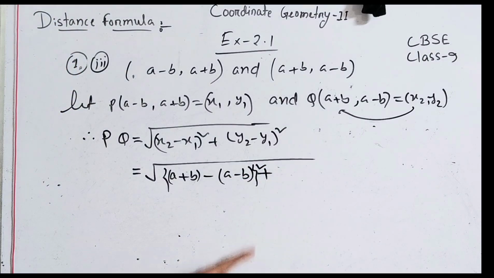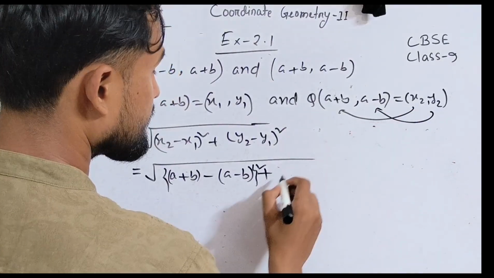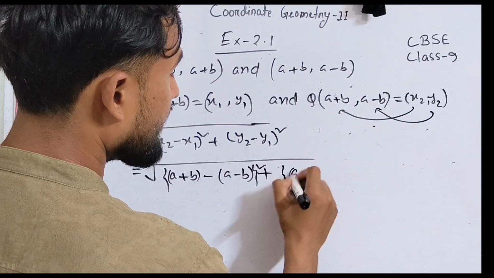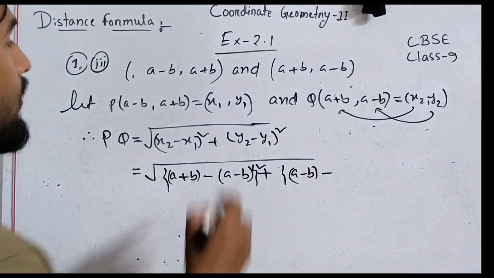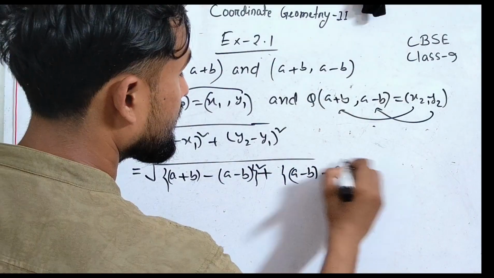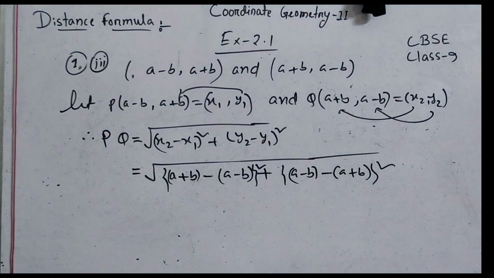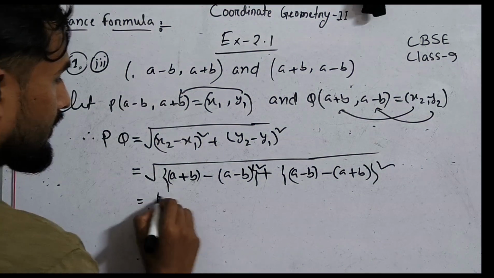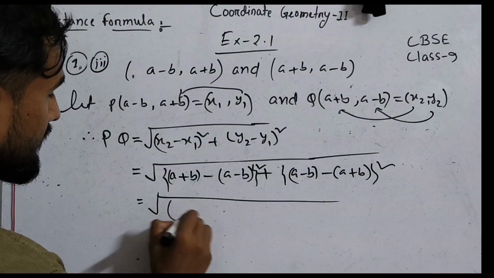Plus y2 minus y1. The value of y2 is a minus b, minus y1. The value of y1 is a plus b, square. Let's break the brackets.